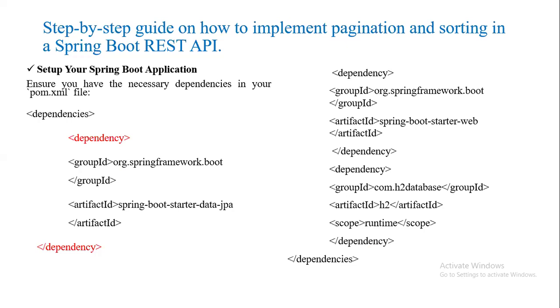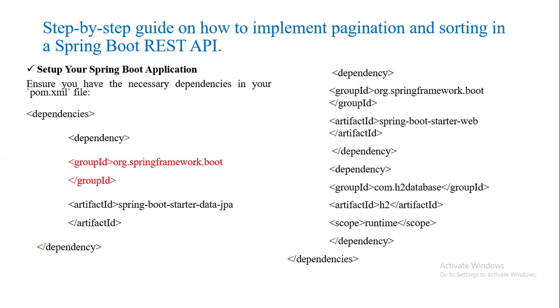The tag which encloses dependencies holds many dependencies required for our project. Under this dependencies tag, we have a tag called dependency which encloses whatever dependency we need for our project. We need to specify every individual dependency with the tag called dependency.